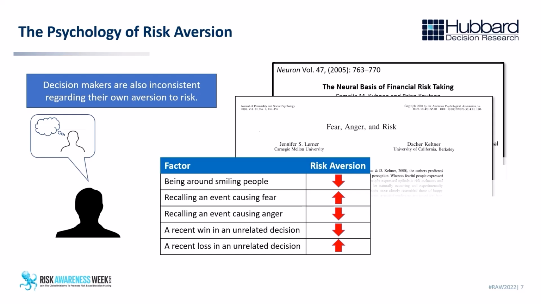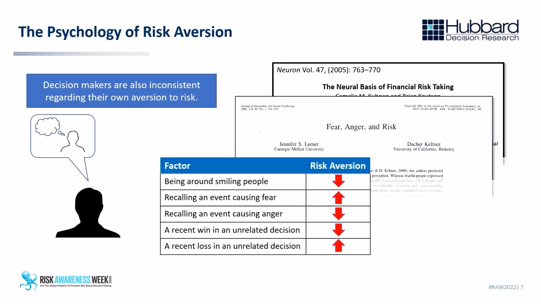For example, in one controlled experiment, people might play a game of chance on a computer where one group is exposed to smiling faces on the background images of the computer screens where they're playing the game. And another group is just exposed to white screens in the background of the game, kind of like these slides you're looking at right now. The group that's exposed to smiling faces is consistently more risk tolerant. They take higher risk, higher return bets than the group that doesn't have exposure to those smiling faces.